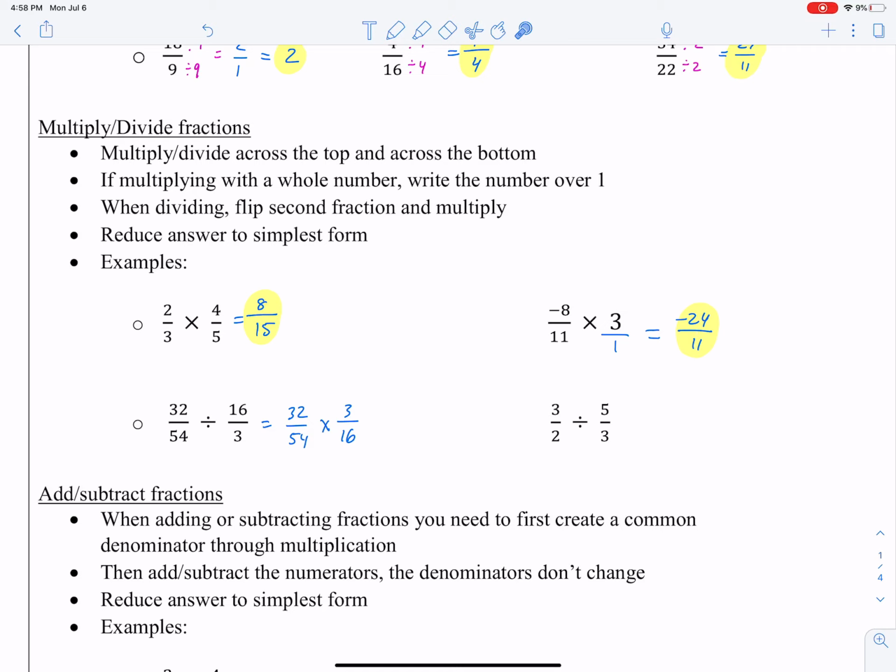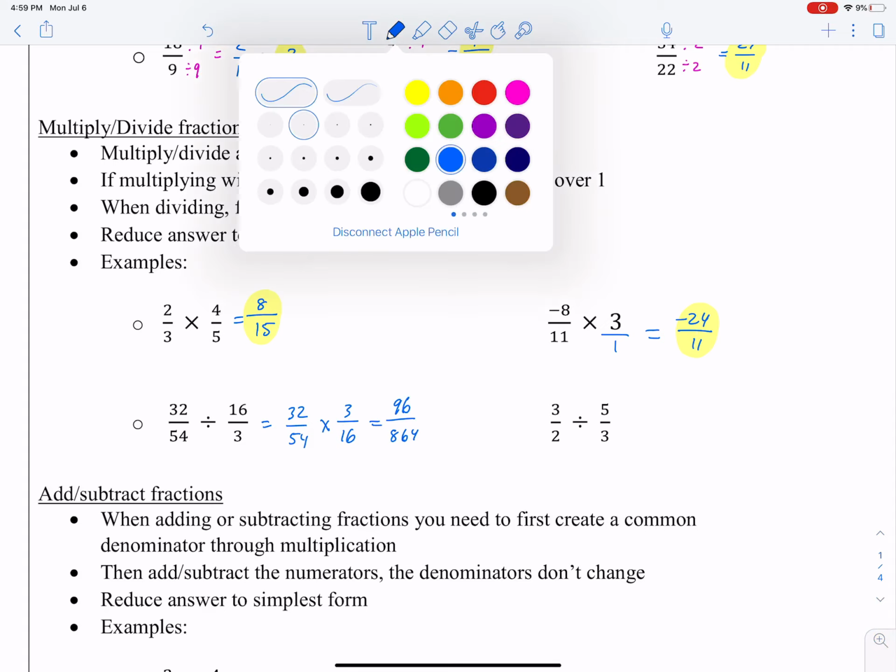Now this one, we've already done our flipping for it being division. So we're going to multiply these two numbers together, 32 times 3, and we get 96. And then we multiply 54 and 16 together, you get 864.